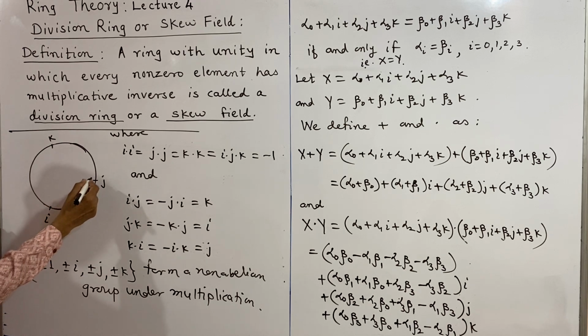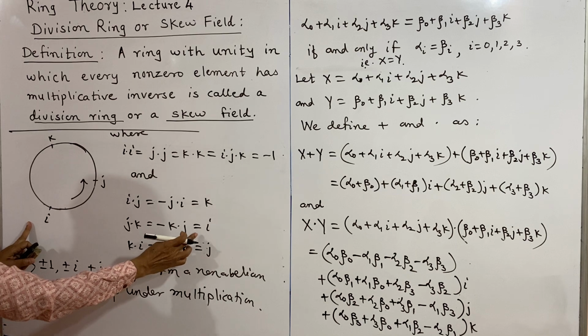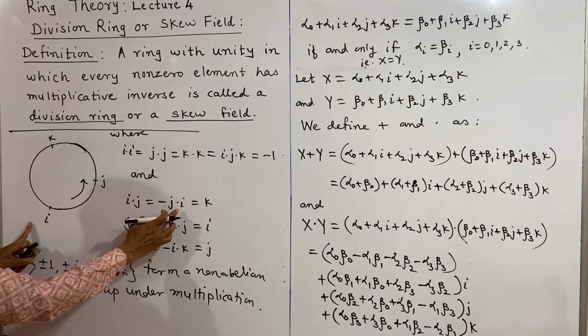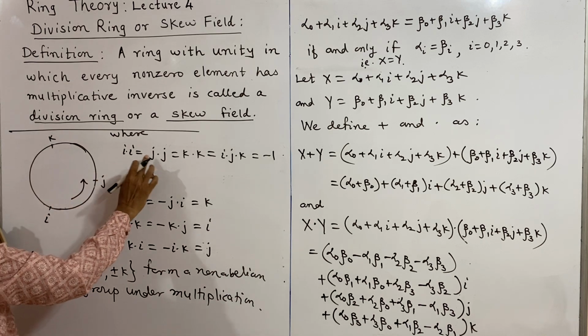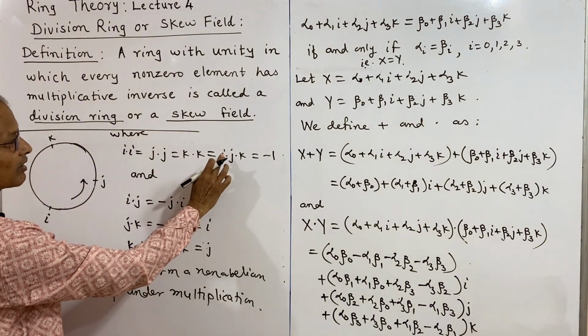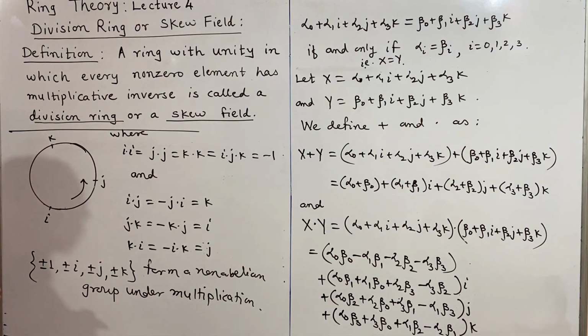And if you reverse it, j dot i in this sense, then it is negative k. j dot i is minus k, like this. And i into i, j into j, k into k, or i, j, k, is equal to minus 1. That is the definition for multiplication of these three imaginary numbers.